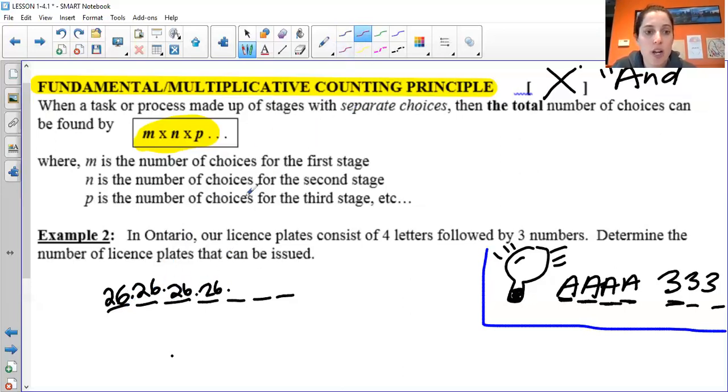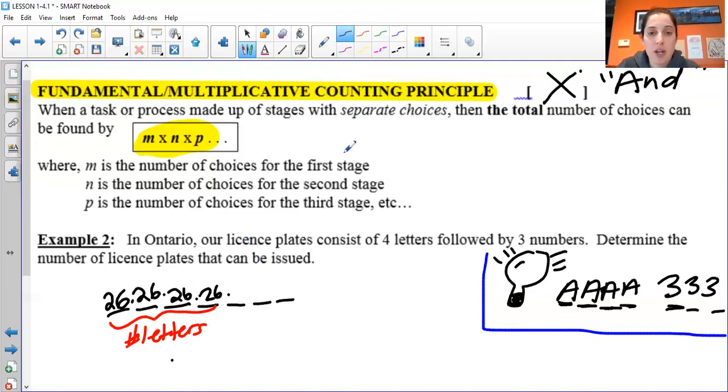So my choices for each stage was the number of letters in the alphabet. So there's 26. Now, how many choices do I have for this stage of a digit? I can have 0 to 9, so I get 10.